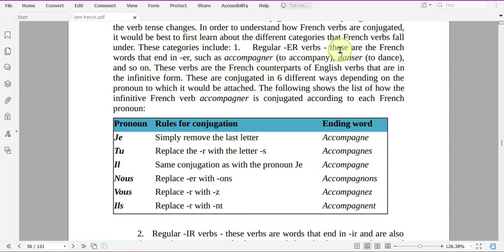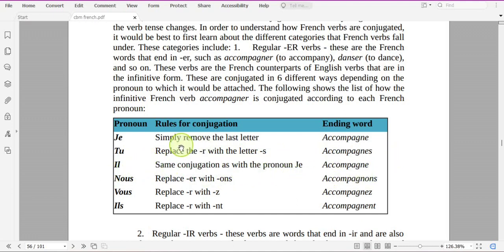Now, ER verbs are verbs that end in ER, like accompagner, to accompany, danser, to dance, chanter, and so on and so forth. Please, this is all present tense, not past tense. The conjugated forms of verbs for je, il and elle are usually the same when they end in ER.